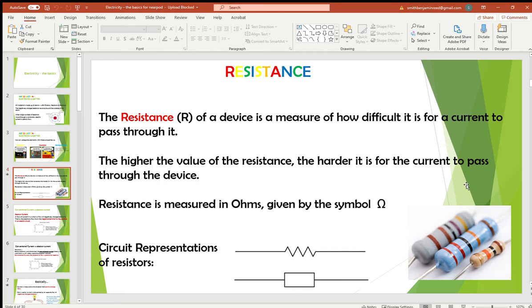We measure that in ohms, which is often represented with this omega sign. And when you see resistors in a circuit, they may be represented as a squiggly line or as a box like this. Typically, when you have a box like this, you'll see the resistance value placed inside of it.